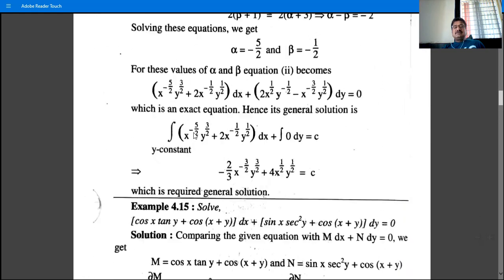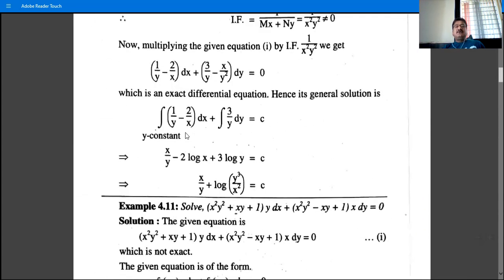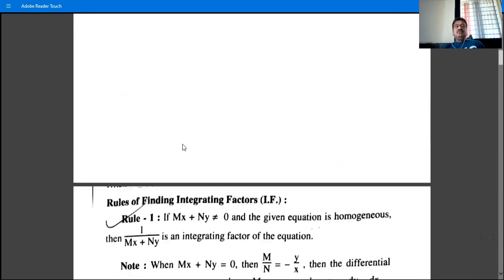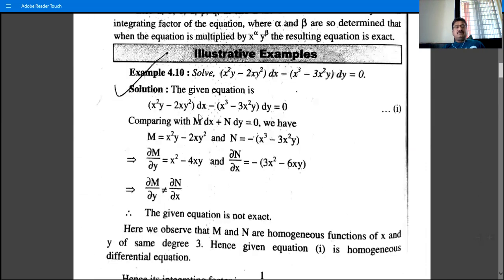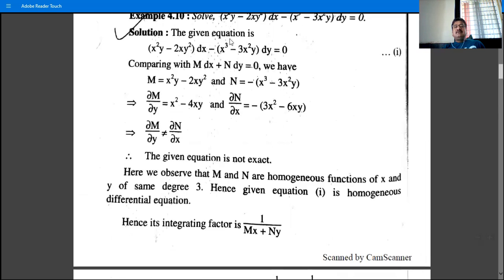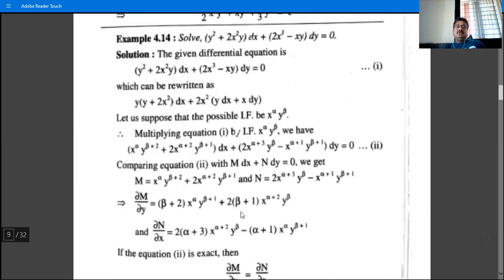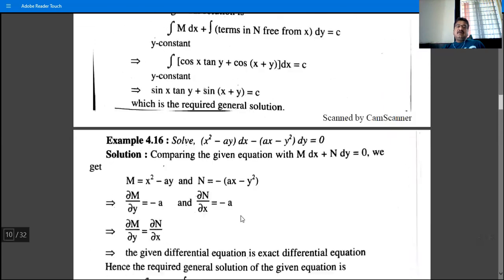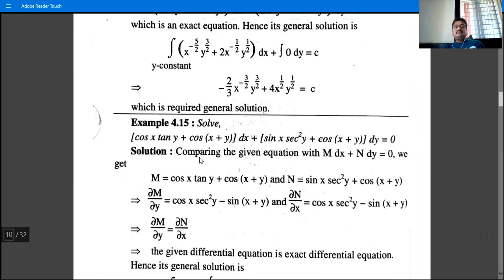Okay, so these 5 examples are the examples depending on rule number 1, 2, 3, 4 and 5. So continuously we have solved these 5 examples on the 5 rules. So the remaining examples, the next example is this, solve this example. Okay, solve this again.